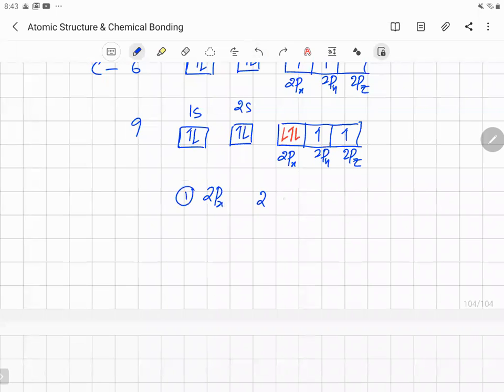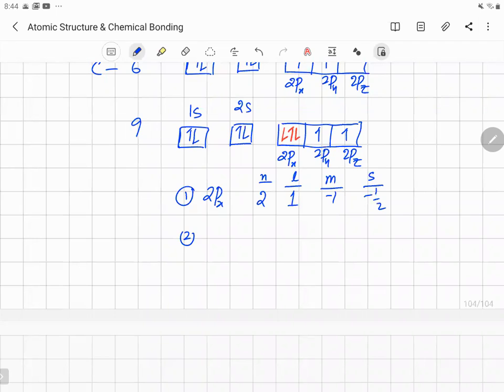No, 0. P orbital, l is 1. Then m is, for 2px, minus 1. And ms or spin. Suppose the first electron is anti-parallel, so minus half.